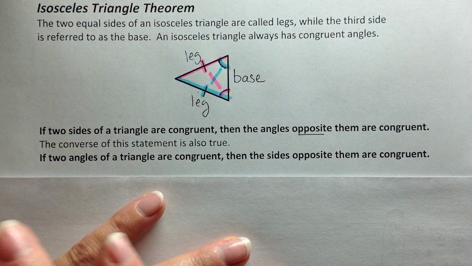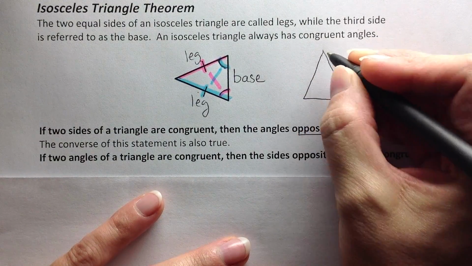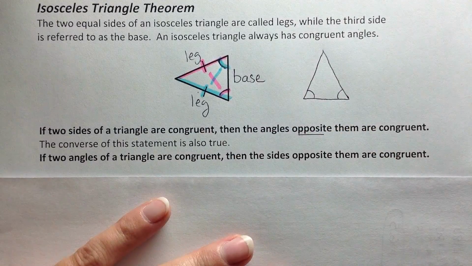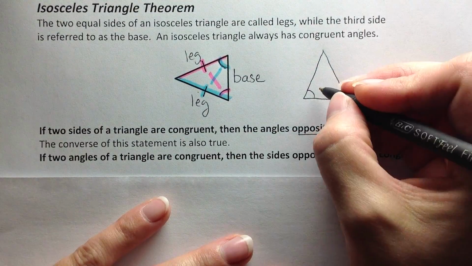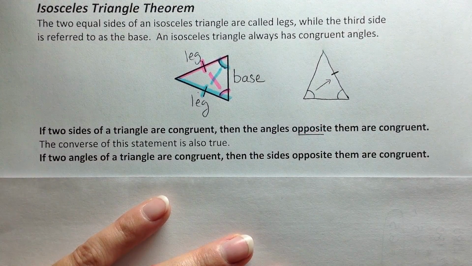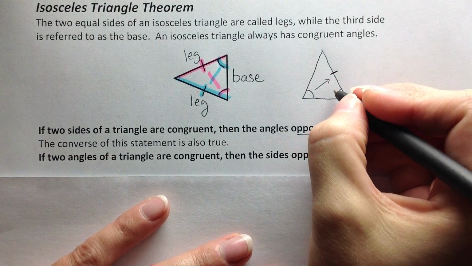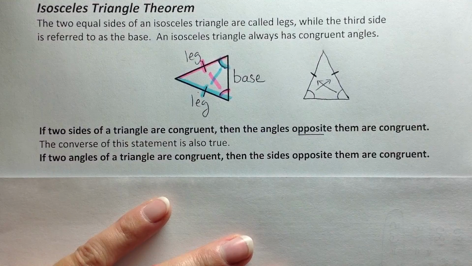If I know that two angles are congruent, so let's say that they gave me a triangle with two congruent angles, I'm going to know for sure that there are two congruent sides. And to find them, I go to the opposite side, and then the opposite side here. Those two sides must be the same.